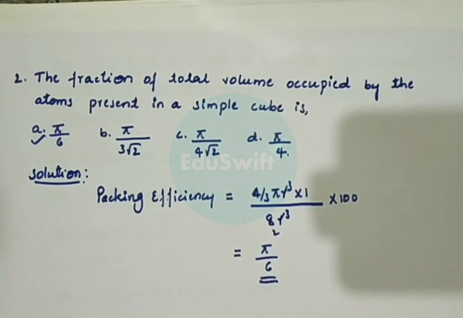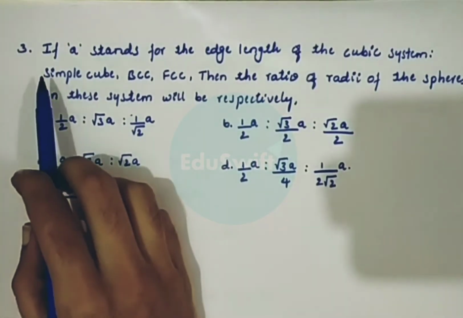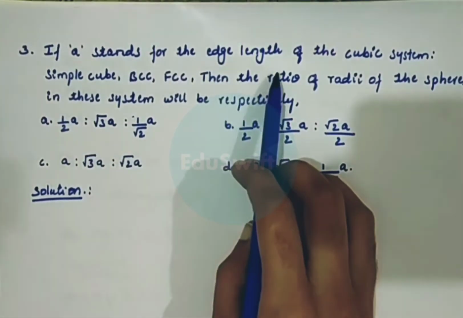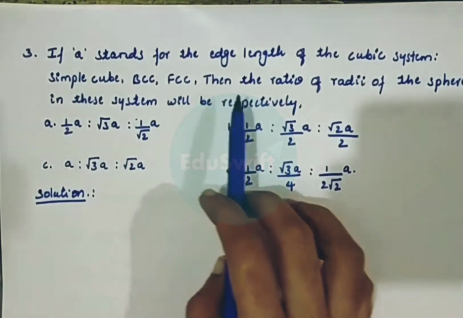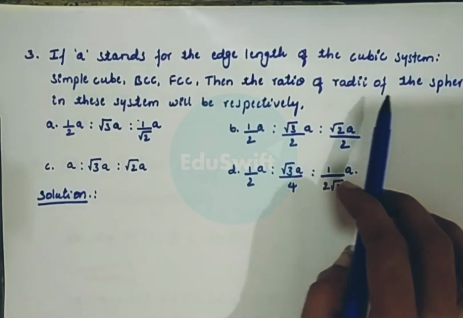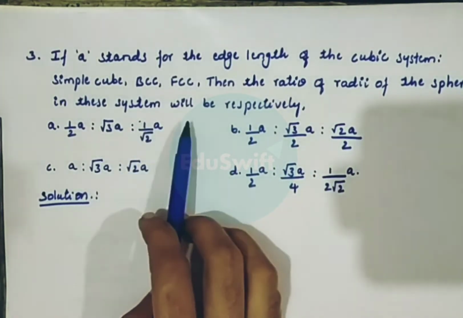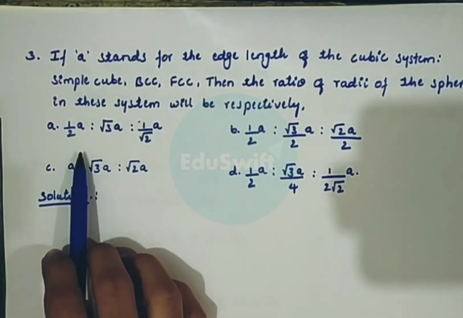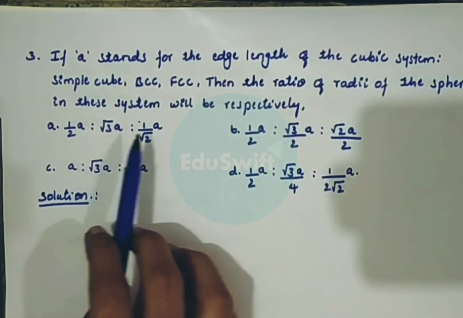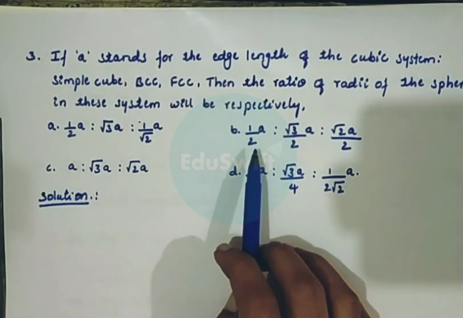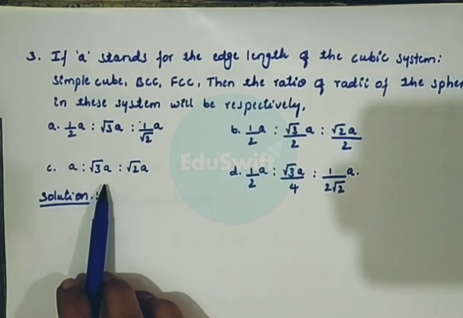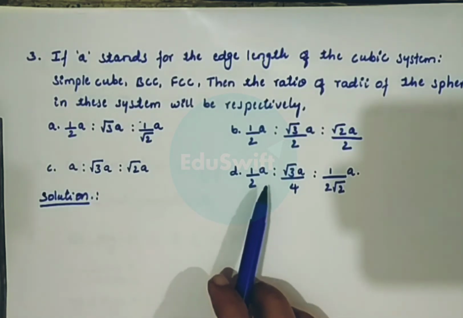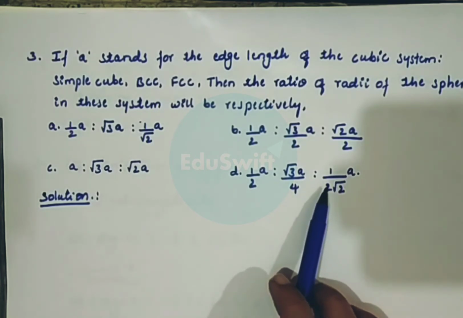Next question, third question. If a stands for the edge length of the cubic system, simple cube, BCC, FCC, then the ratio of radii of each sphere in this system will be respectively: option A, a by 2, root 3a by 2, root 2a by 2; option C, a, root 3a, root 2a; and option D, a by 2, root 3a by 4, a by 2 root 2.